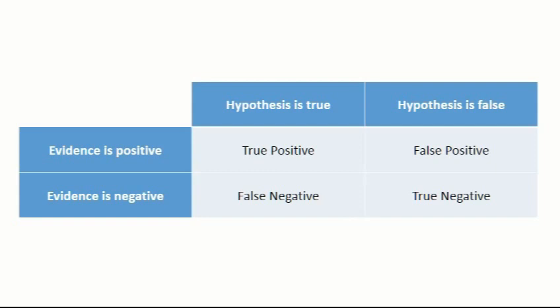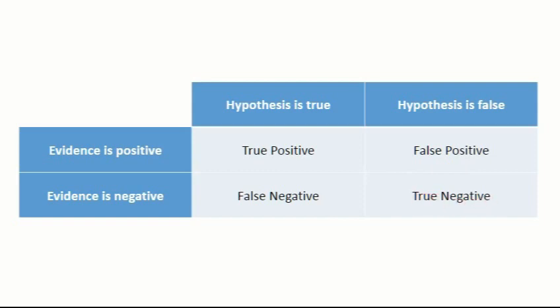There are 4 possibilities. The evidence is positive and the hypothesis is true, there is smoke and there is fire, therefore we call this a true positive. There is smoke but there is no fire, a false positive. There is no smoke and no fire, a true negative.